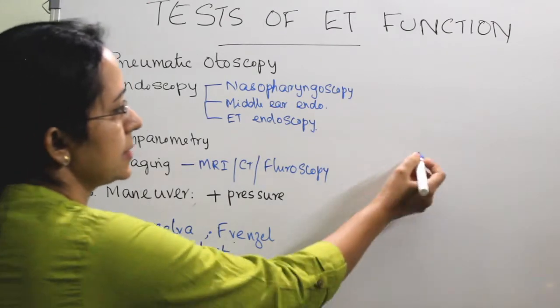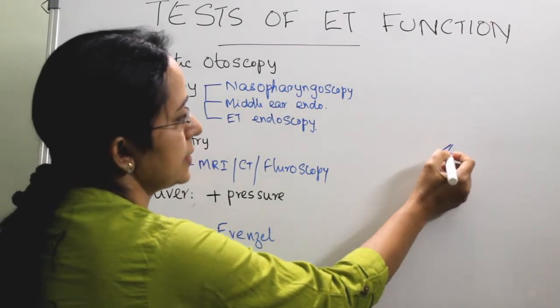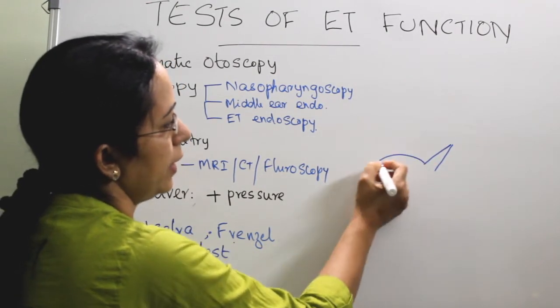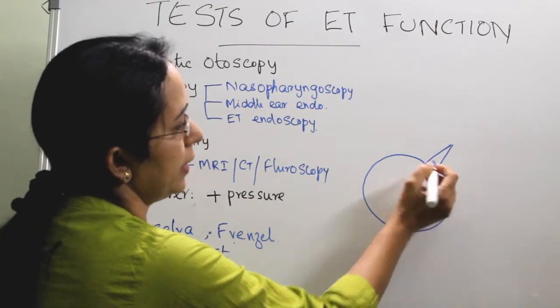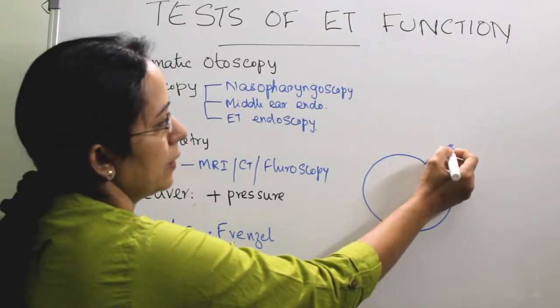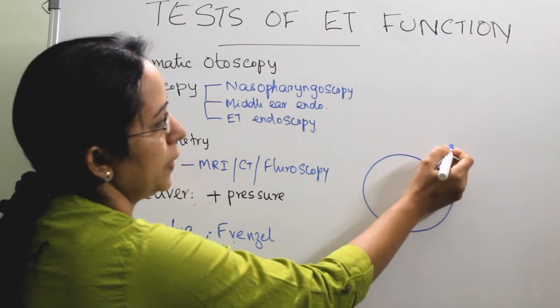A Politzer bag is like this. There will be a nostril piece, and along with that there is a bag attached to it. There will be an opening here also.